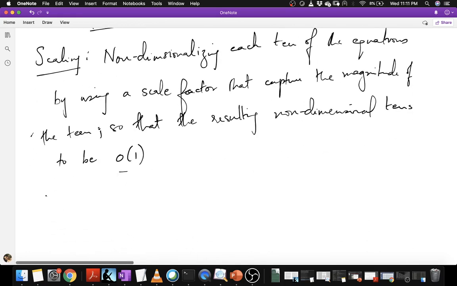So let us write the dimensionless velocity u as the dimensional velocity divided by u characteristic. Or we could have equivalently written the dimensional u as its dimensionless remainder times the characteristic velocity uc. So the subscript c denotes the characteristic factor.